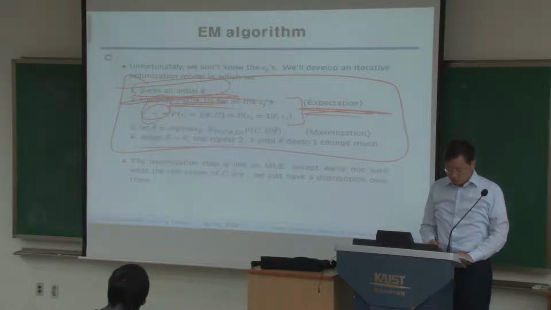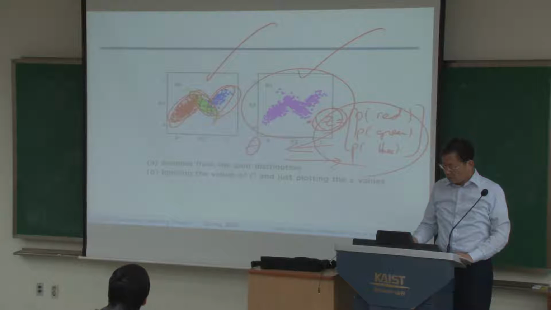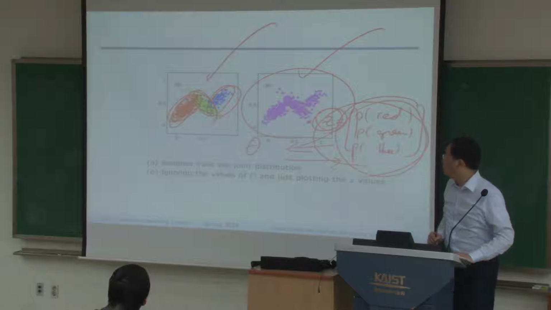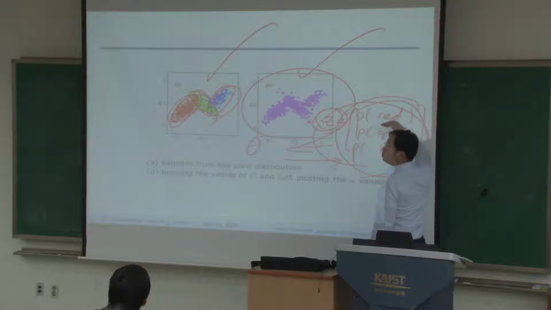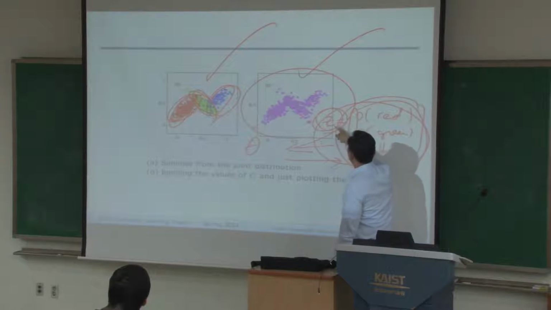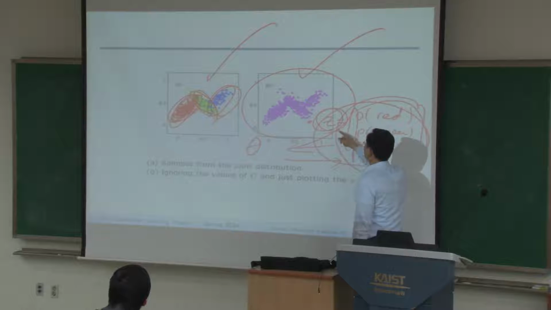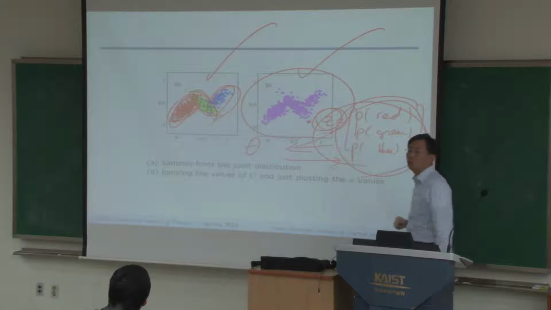So in my previous slide, right here, finding this: what is the expectation of this dot being red? What is the expectation of this dot being green? What is the expectation of that dot being blue?